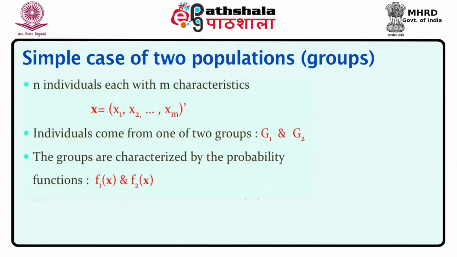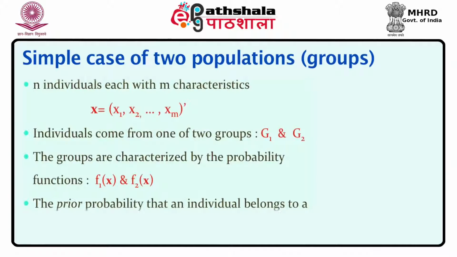The groups are again characterized by some probability function, say f1(x) or f2(x). So they have distinct characteristics. G1 has the characteristic f1(x) and G2 has the characteristic f2(x), which distinguishes it from G1. Also, the prior probability that an individual belongs to a particular group is given.